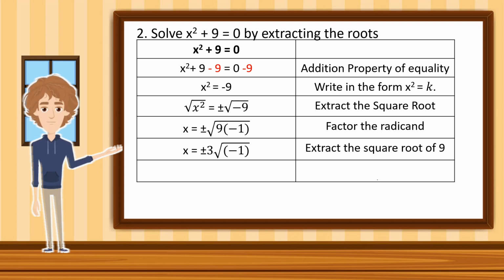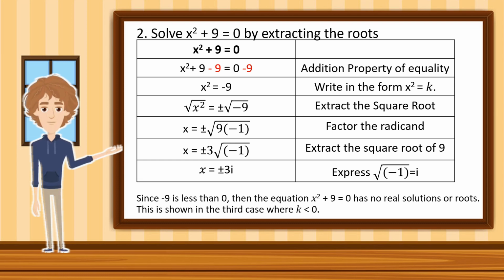X is equal to positive or negative 3 square root of negative 1. Then express the square root of negative 1 by i. And there you go. X is equal to positive or negative 3i. i means imaginary.